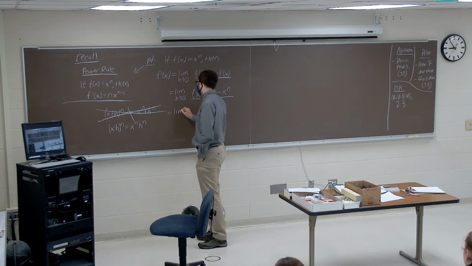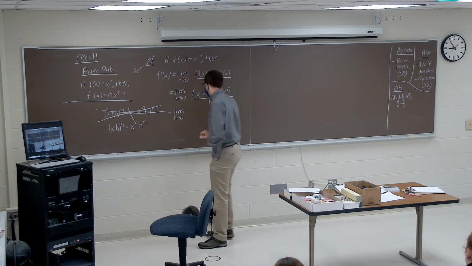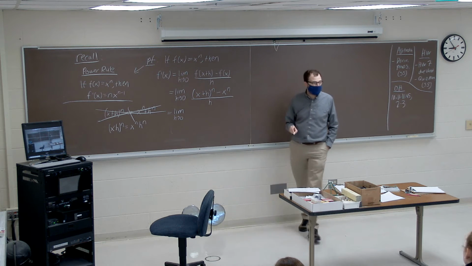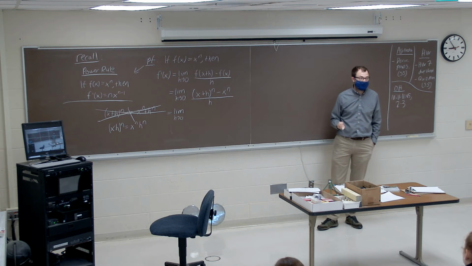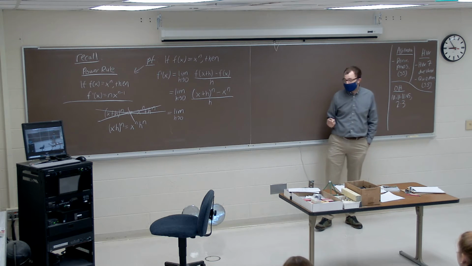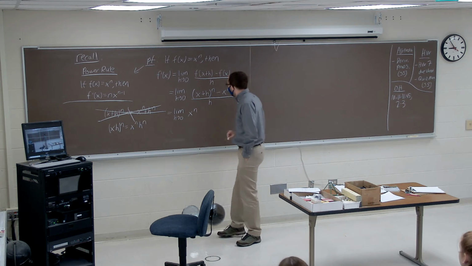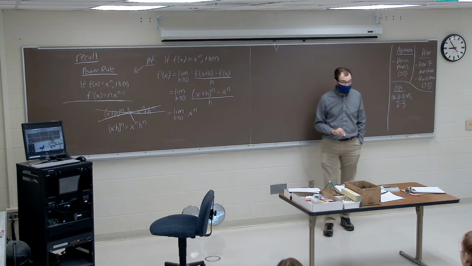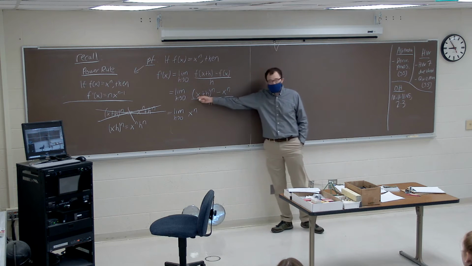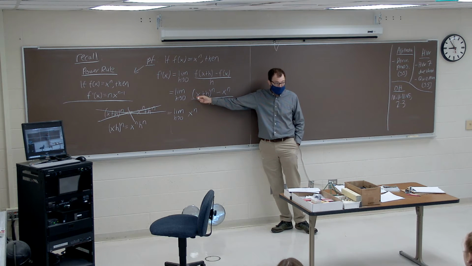So here's what we're going to do instead. If we were to take x plus h times x plus h times x plus h, n times, without knowing any information about n, we're going to have an x to the n term, just from taking the x term and multiplying by itself n times.